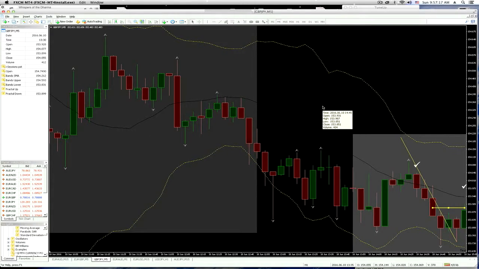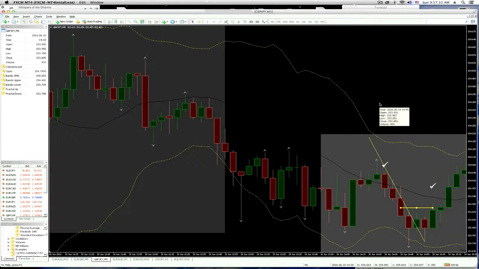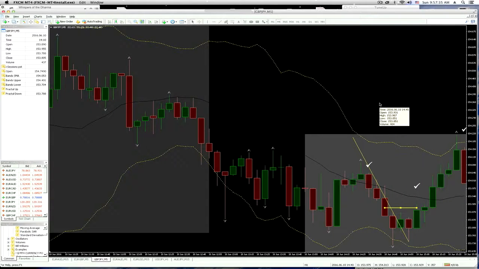Moving along, I do in fact get an entry right here at the break of 2 pips above this number 1 candle line. This trade takes a minute, but it does take off and moves up nicely. It probably moved up about 50 pips, so probably would have been good for 35, 40 pips on this trade.